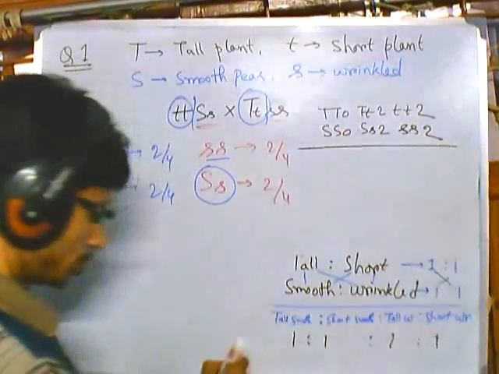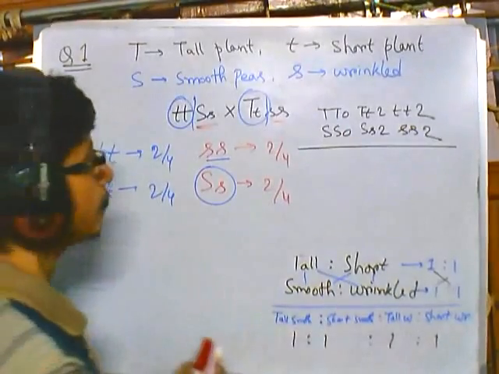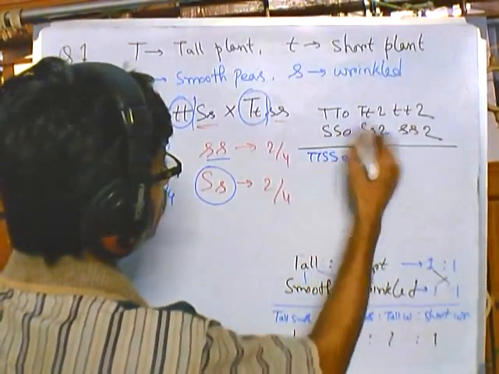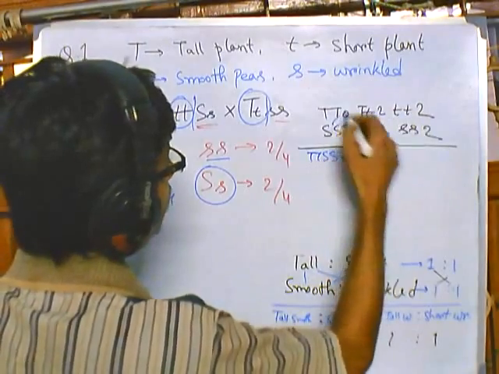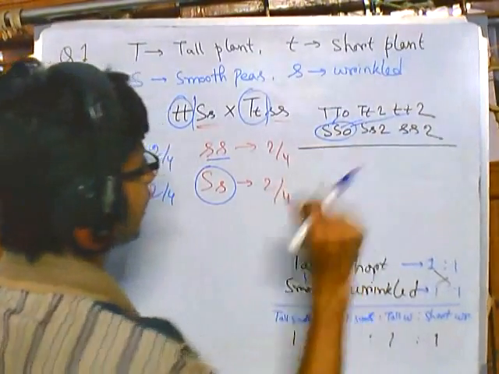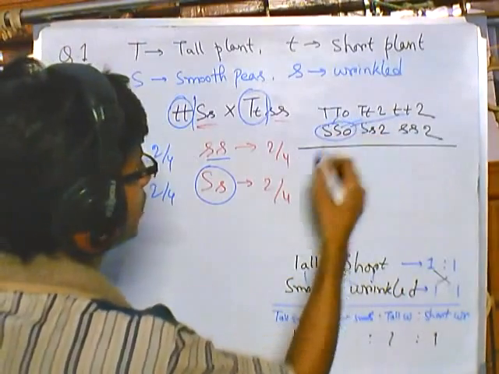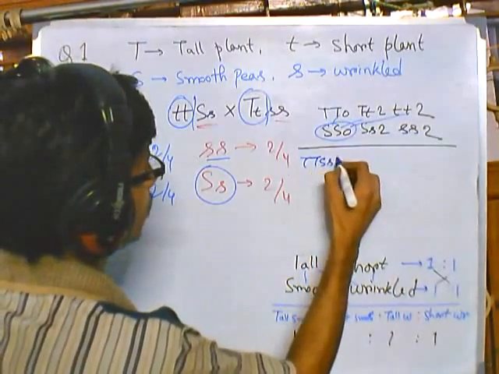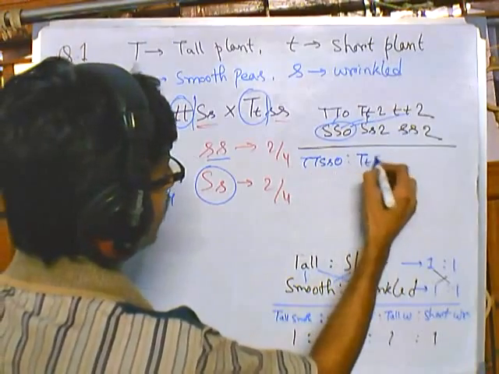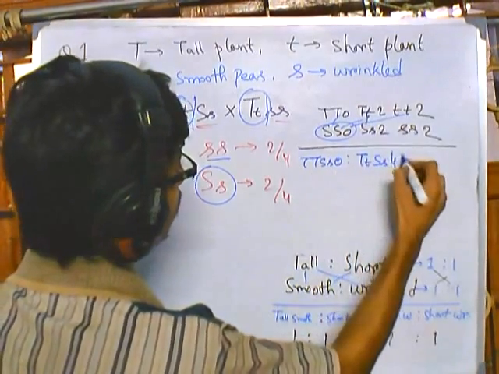So multiply them, again the multiplication rule. Caps T caps T is 0, so whatever we calculate with it will be 0. We will exclude this, we don't need to think about that. Caps T caps T caps S small s will be 0, caps T caps T small s small s will be 0. Then caps T small t, caps S small s is 2 into 2, 4, which is 2.